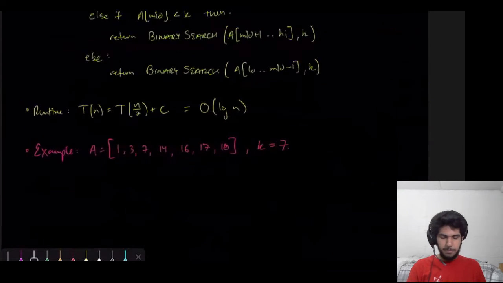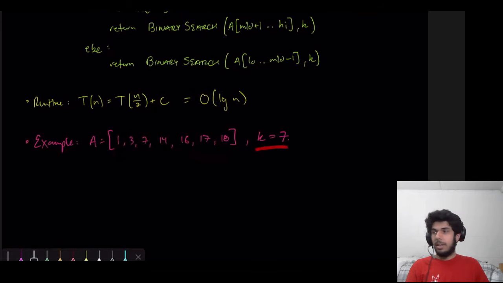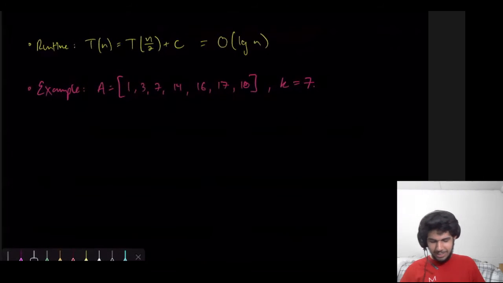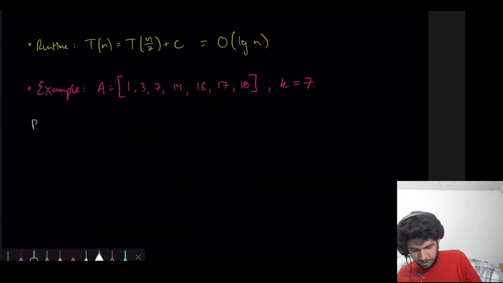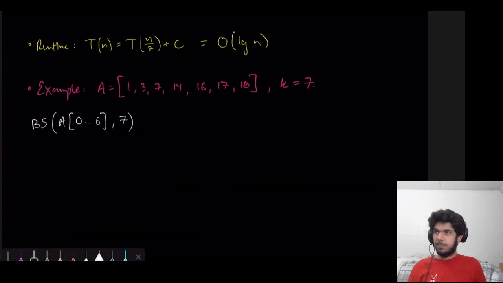Let's do an example. This is our array. It's in sorted order, and our key is 7. That is the term we're trying to look for. I'm going to abbreviate binary search as BS. We're going to call BS on the array from indices 0 to 6, basically all indices, and we're looking for k.